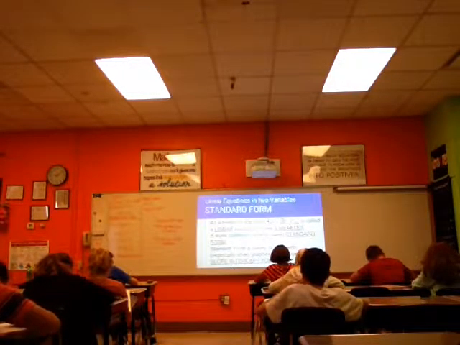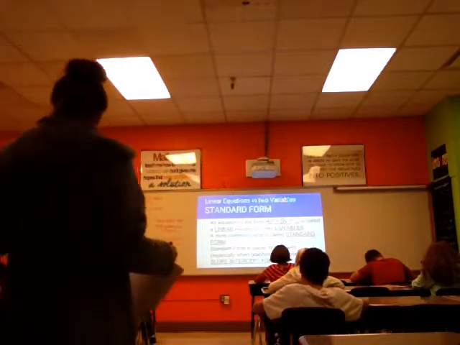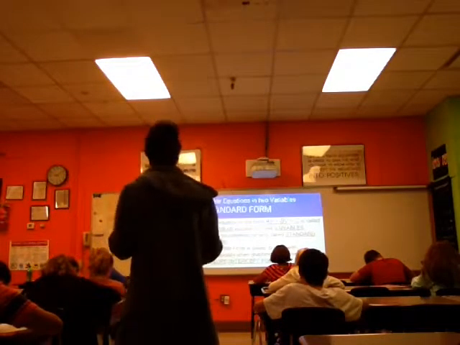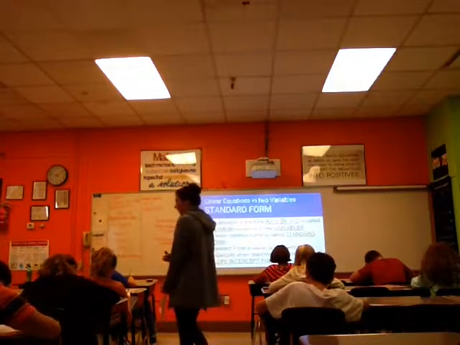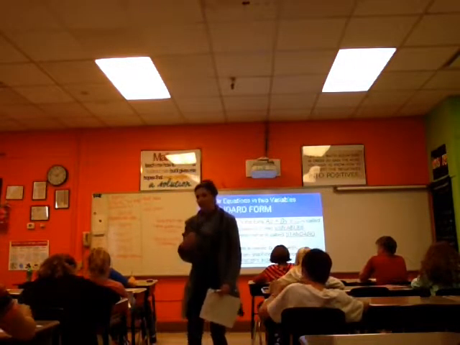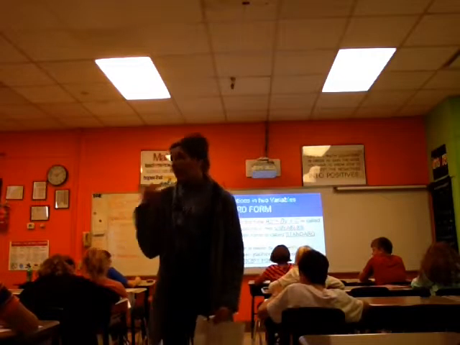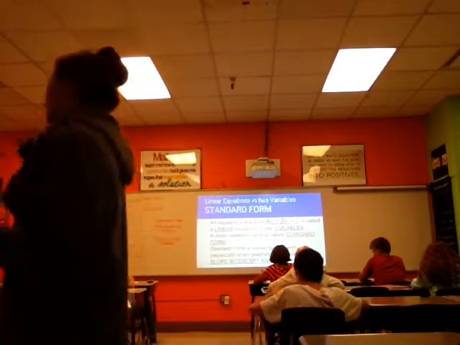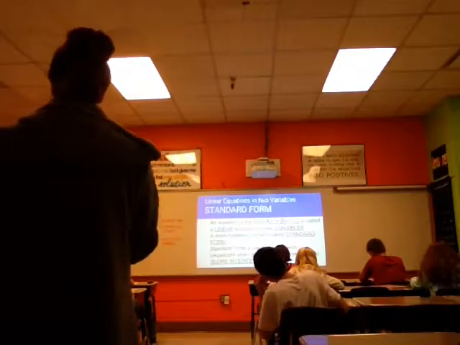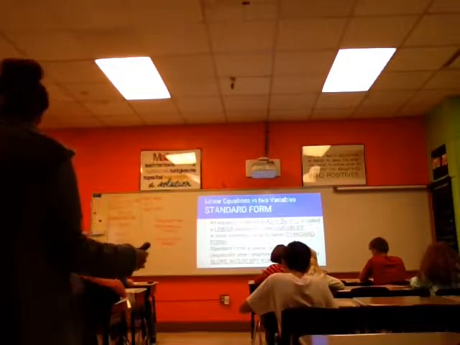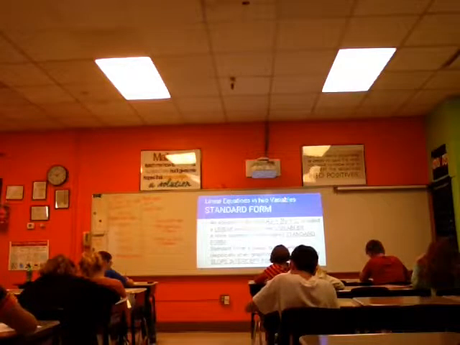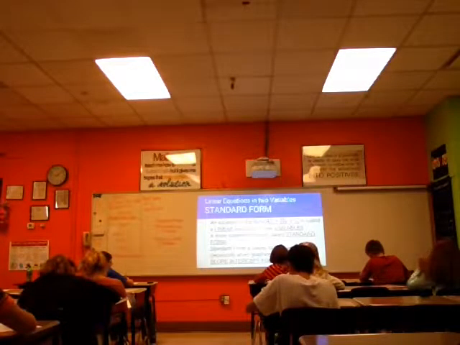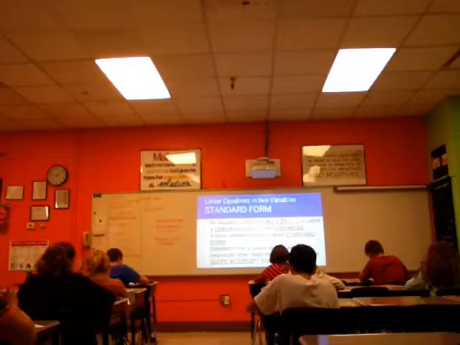When we get into graphing, it's really hard for us to look at the equation ax plus by equals c and know where to start. It's just hard for us to graph. So to make it easier, we're going to convert that equation into slope-intercept form, which we'll get into in just a second. Because slope-intercept form is kind of going to give us some clues about where we're going to start and where we go to the next point.